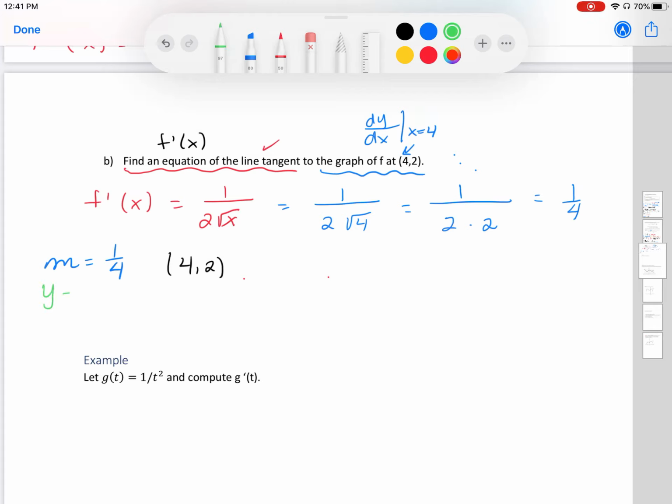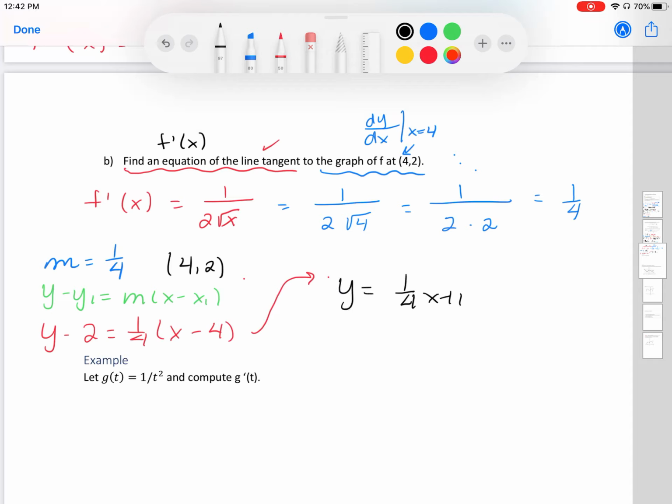So we have y minus y1 is equal to m times x minus x1. So that we have y minus 2 is equal to 1/4 times x minus 4. So our answer, once we clean it up, we're left with y equals 1/4 x plus 1.